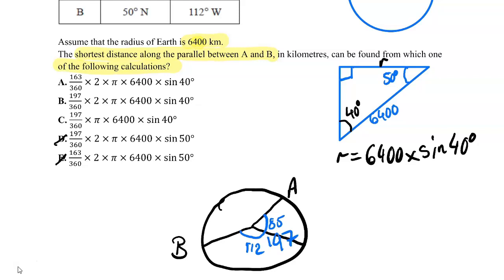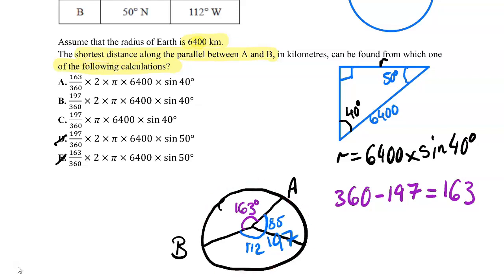But then the angle over here, that is 360 take 197, gives us 163 degrees. Now we're looking for the shortest distance.